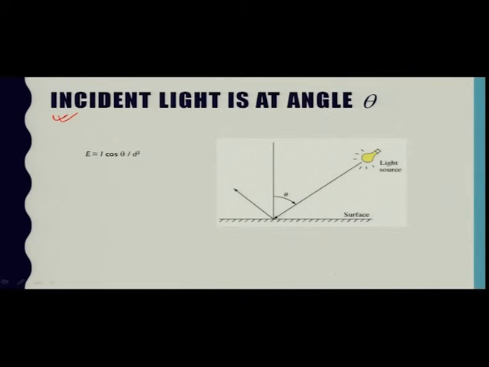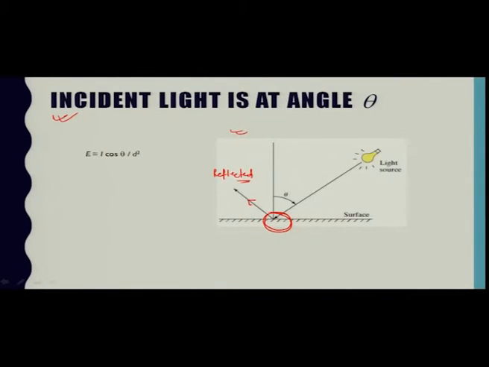Now another aspect that we need to understand is that when light shines on a surface, some of the light is absorbed into the surface where light is incident, and some of it is reflected from the surface. In addition, for materials that are translucent, some of the light is transmitted through the material.